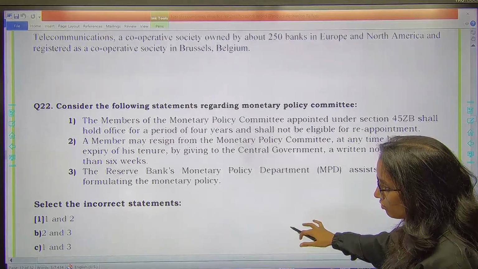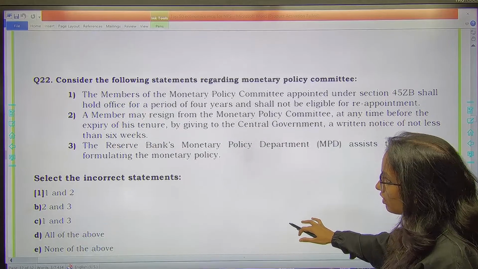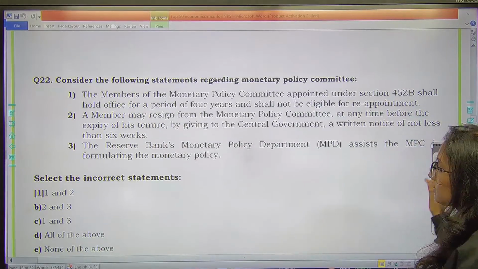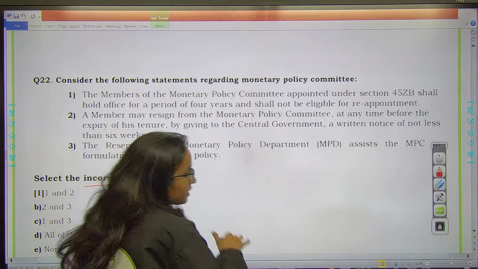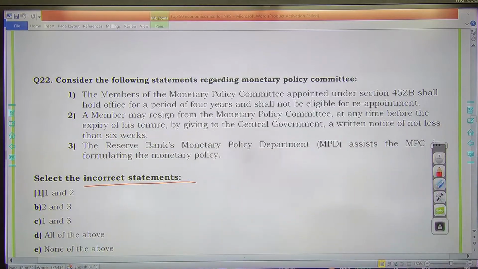Question number 22. Which of these statements are incorrect?